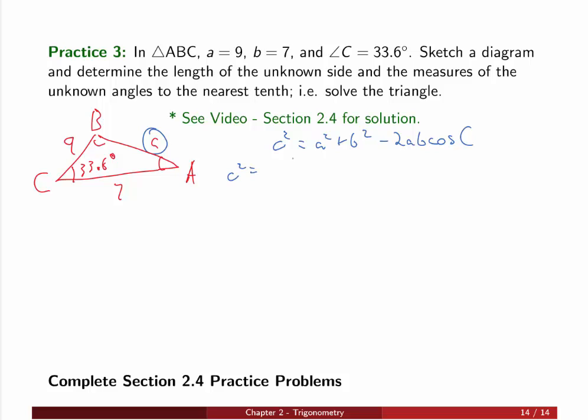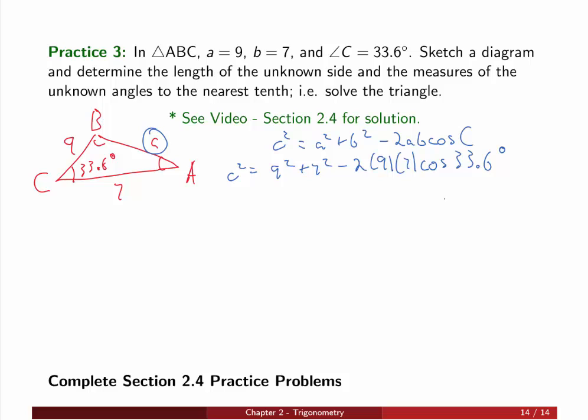So c squared is going to equal 9 squared plus 7 squared minus 2 times 9 times 7 times cosine of 33.6 degrees. Now I'm simply going to plug that in. 9 squared plus 7 squared minus 2 times 9 times 7 times cos of 33.6 degrees.